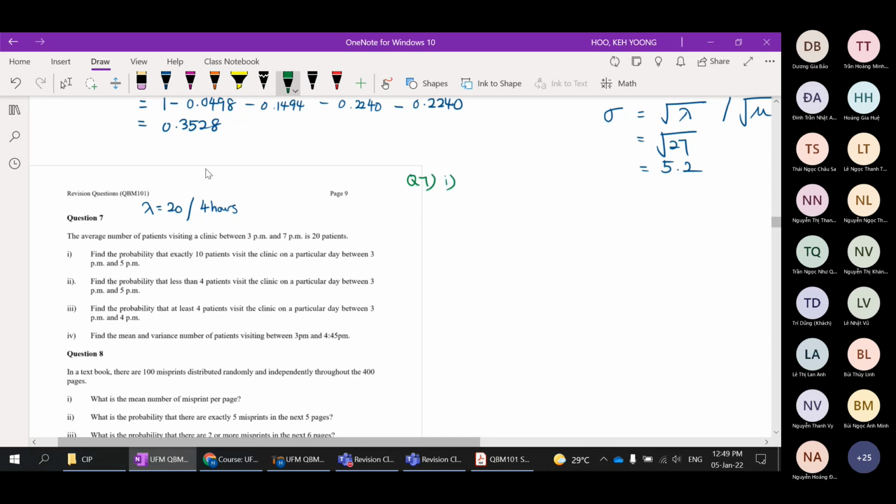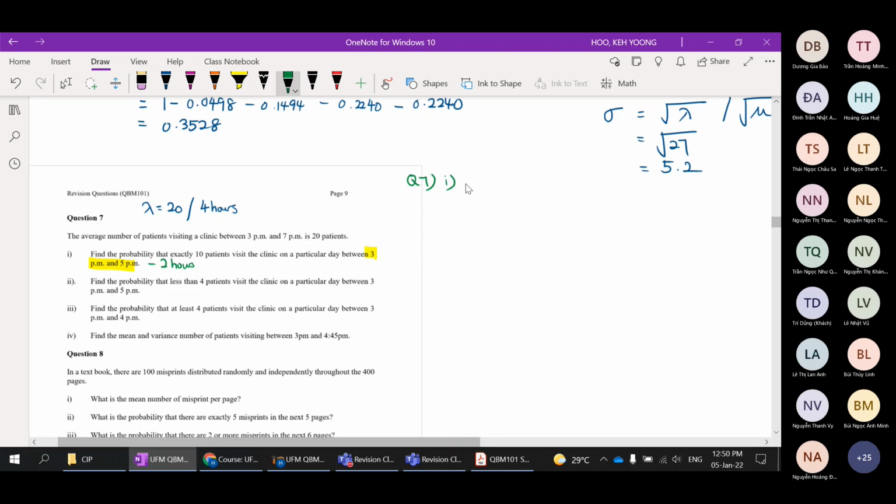Question 1. Find the probability exactly 10 patients visit on a particular day between 3 and 5 p.m. So what is the time period given here? This is 2 hours. So you need to adjust accordingly. 4 hours you got 20. 2 hours, how many do you expect on average?